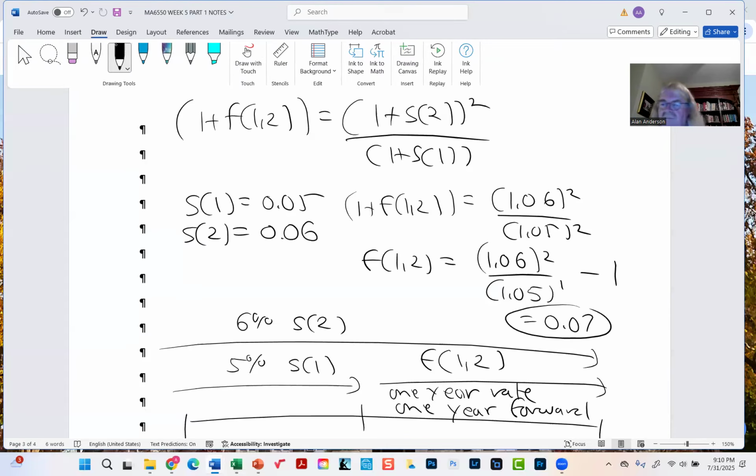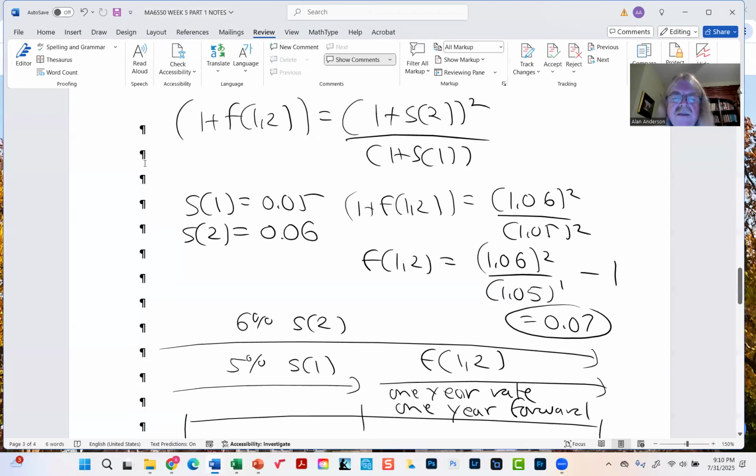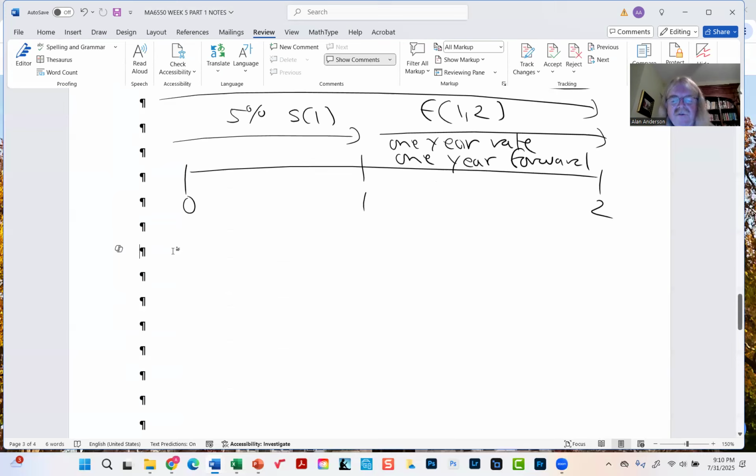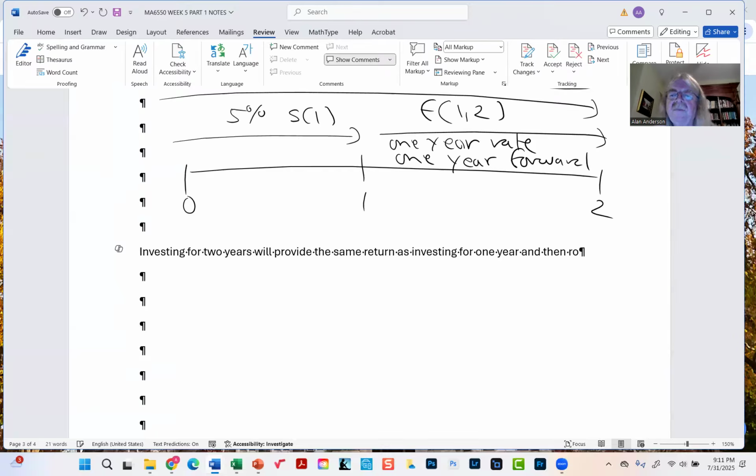Okay, so that means that investing for 2 years will provide the same return as investing for 1 year and then rolling over the proceeds for another year at 7%. And so that's what this forward rate is telling us. It's the rate that equalizes the two investments.